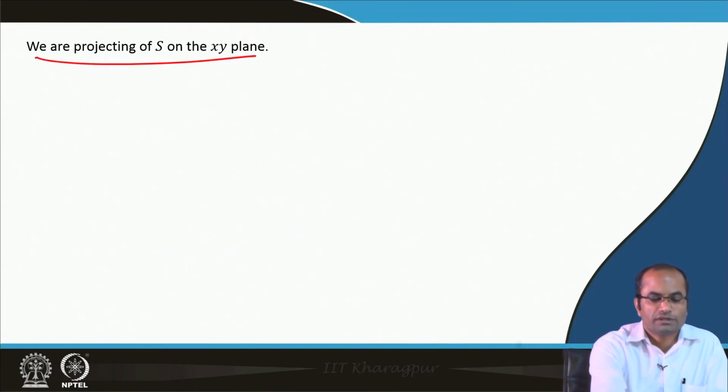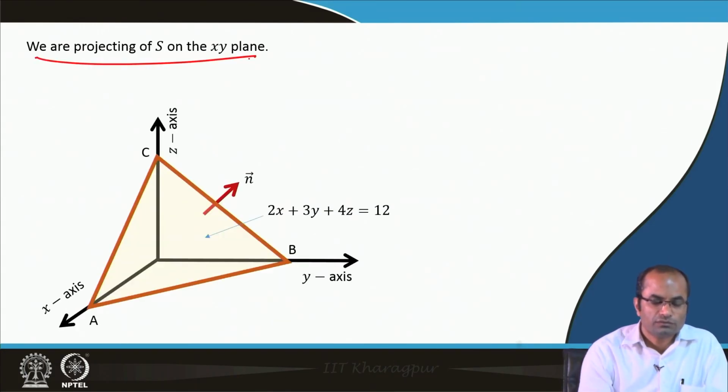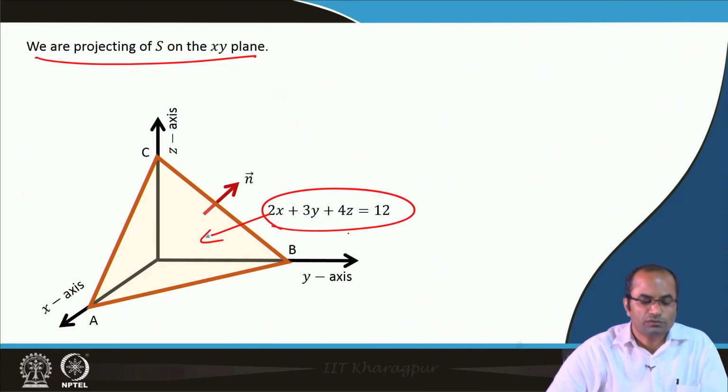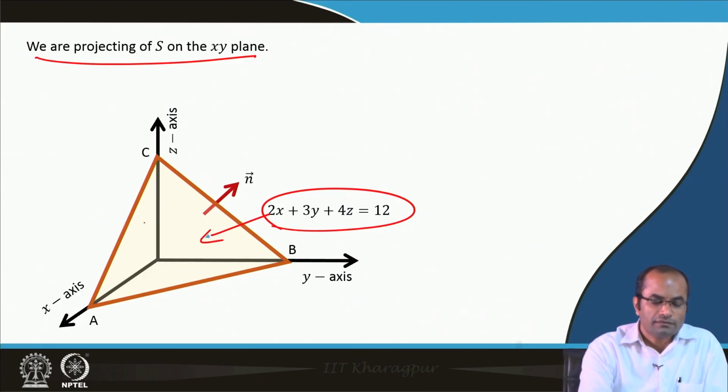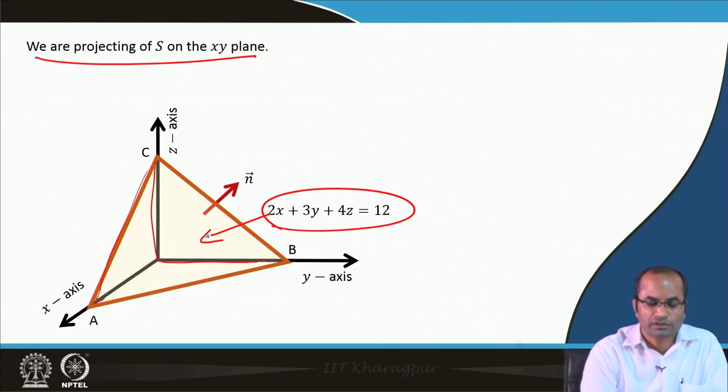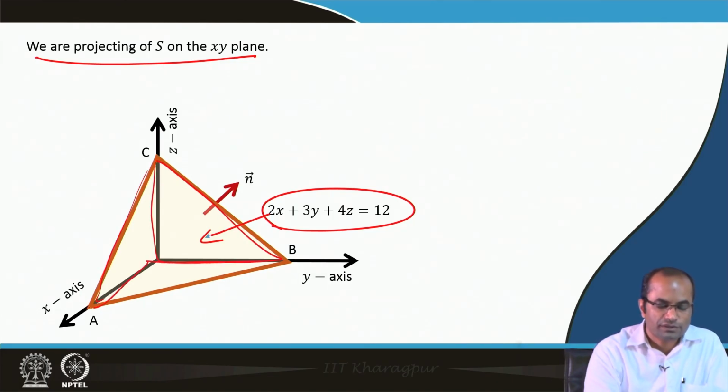Now, moving further. We are projecting on the xy plane as discussed. So, what is the projection on the xy plane? This was the situation. This is the plane here, 2x plus 3y plus 4z equal to 12, and then we can project this either on the xz plane, or on the yz plane, and in this present situation we are projecting on the xy plane.